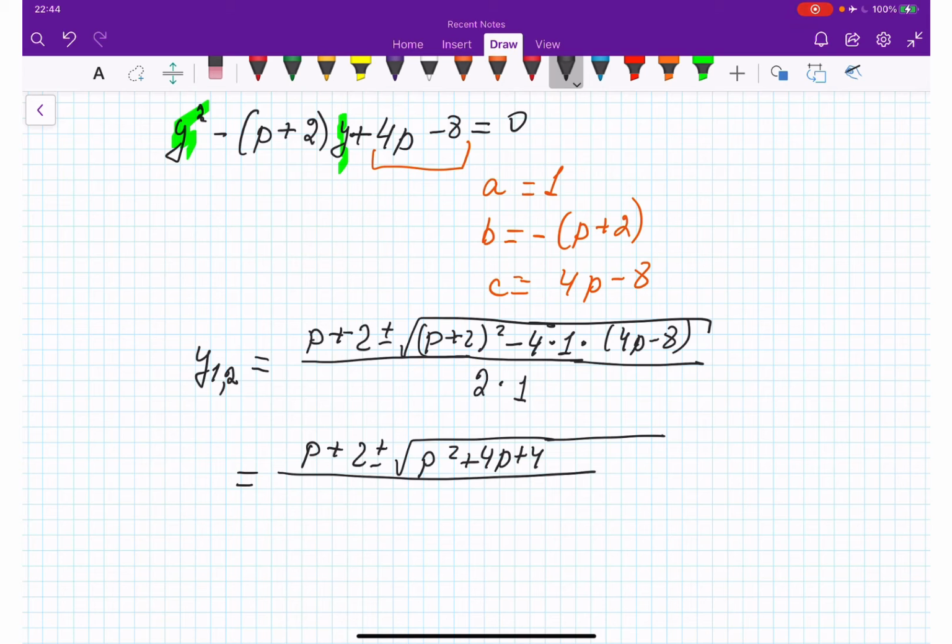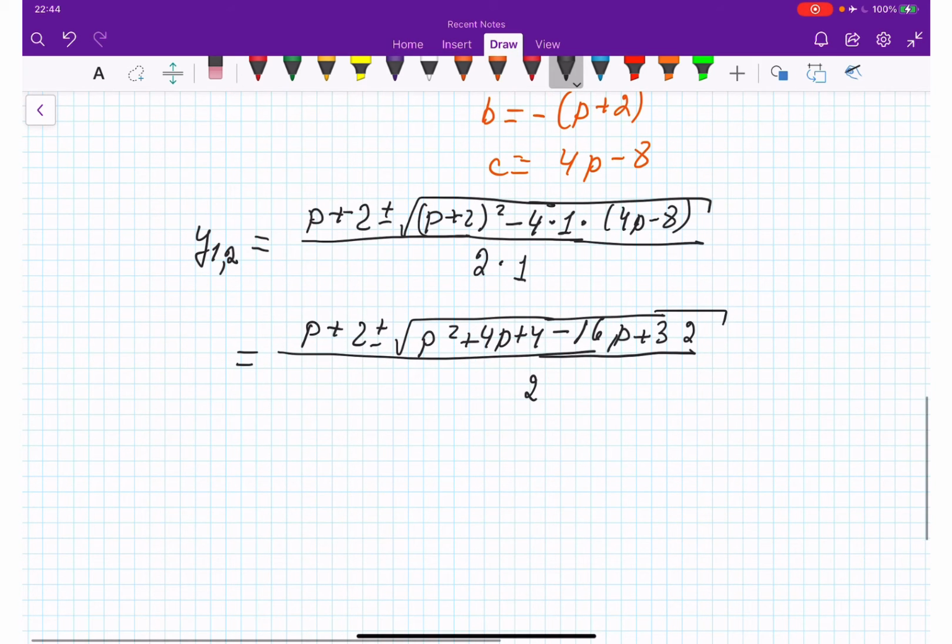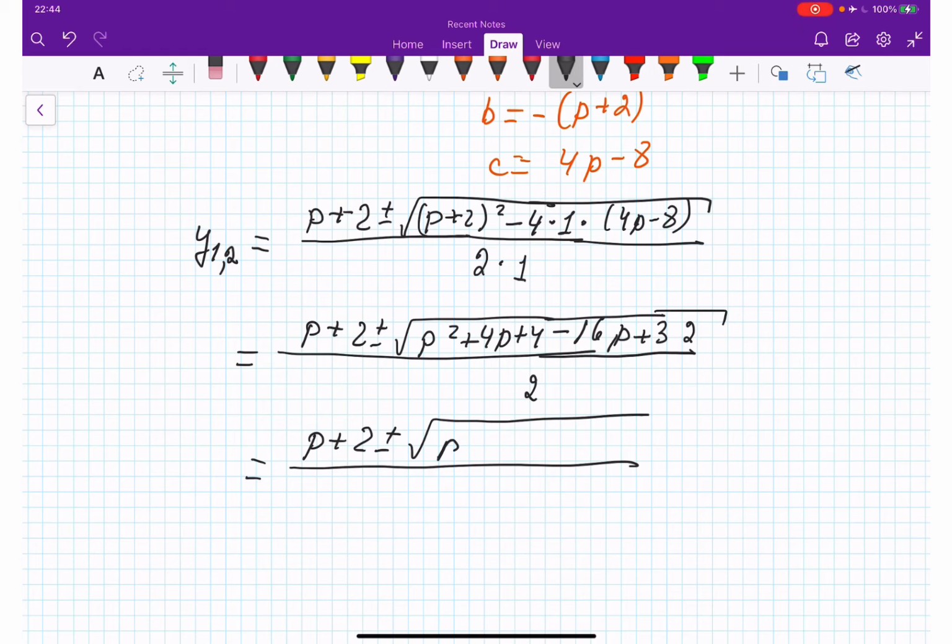(p plus 2) squared, and minus, combining, distributing and opening parentheses, 16p and plus 32, divided by 2. And from here we are getting p plus 2 plus minus the square root of p squared minus 12p plus 36.